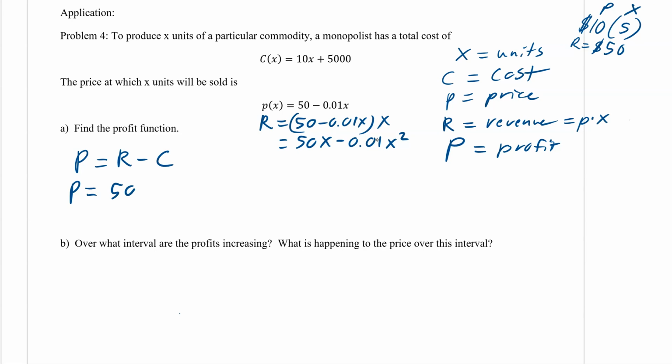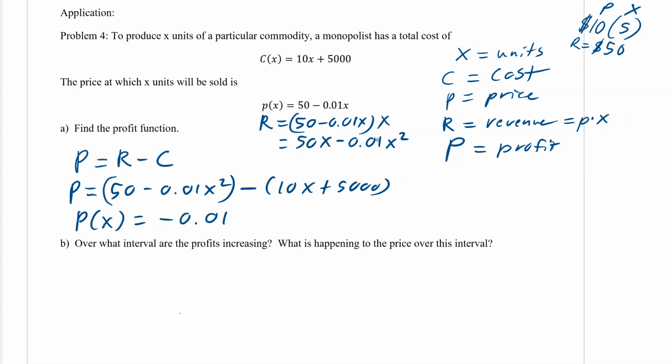So if we take that, subtract our cost, make sure you put this one in a parenthesis so that you subtract both parts, both terms, we will get our profit function. So this is minus 0.01 X squared, and then I forgot the X here. So 50X take away 10X is 40X minus 5,000. And make sure that last constant, which is part of the cost, is always negative here for these problems.